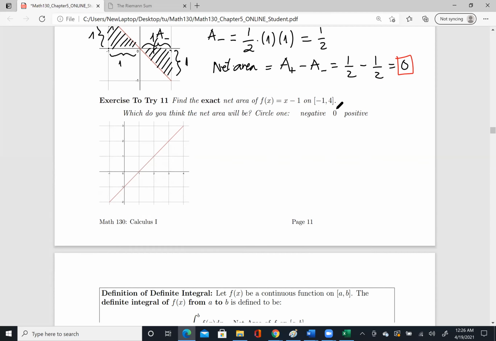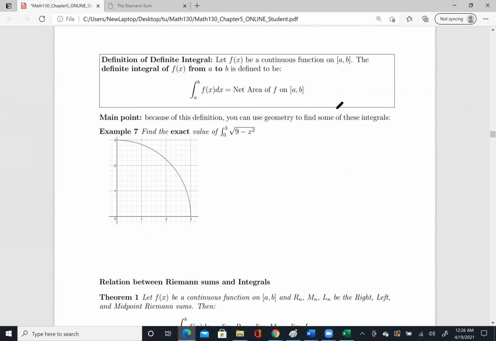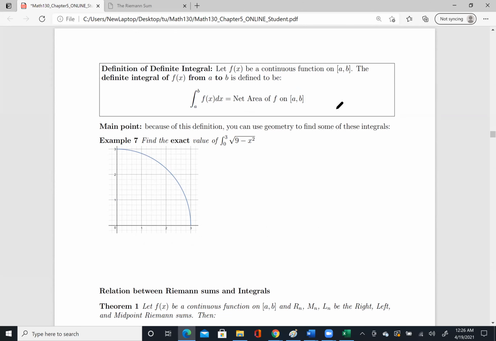I will move down to the next definition, the definition of the definite integral. Let f(x) be a continuous function on a to b.